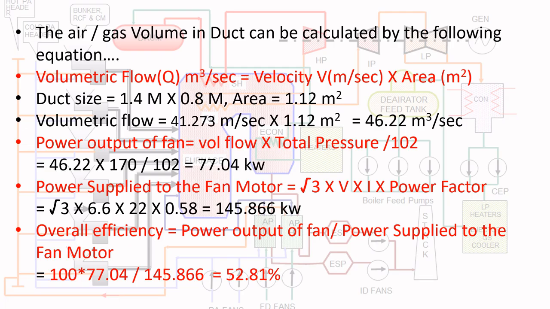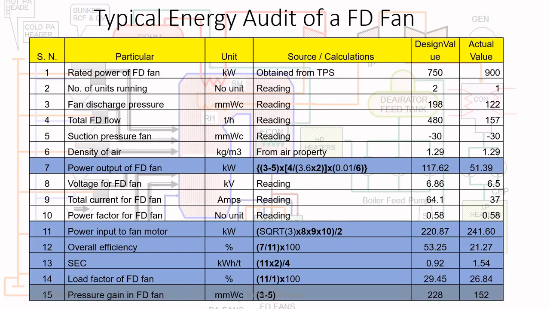Now this is from a typical energy audit of an FD fan, wherein the actual audit of an FD fan was done. Here the rated power of the FD fan, the design value, was compared with the actual value. Now it was for a number of units, and we are calculating it for one unit. So that can also be seen here.